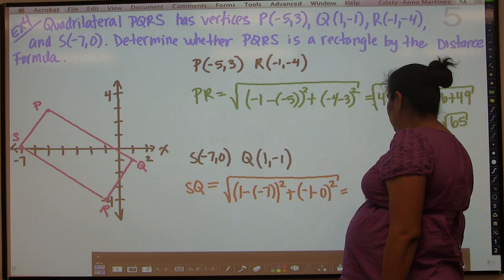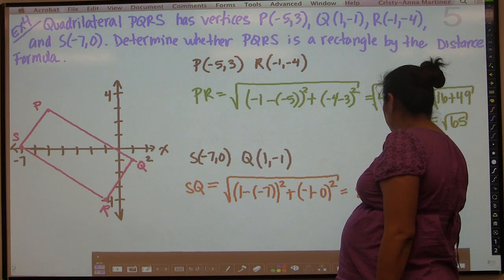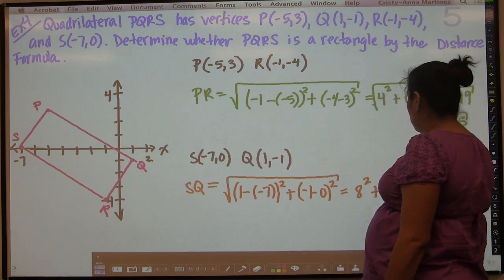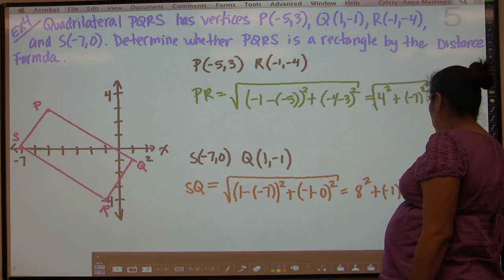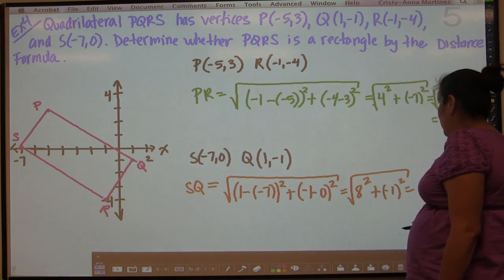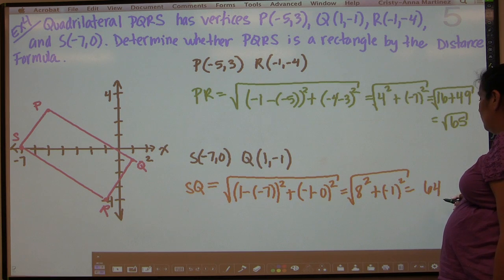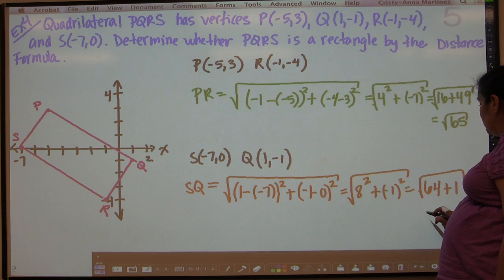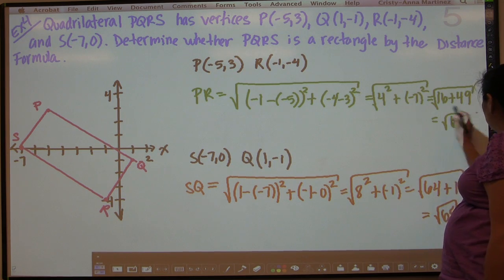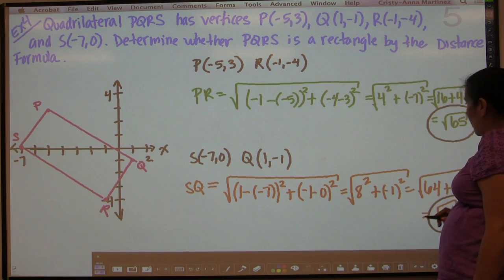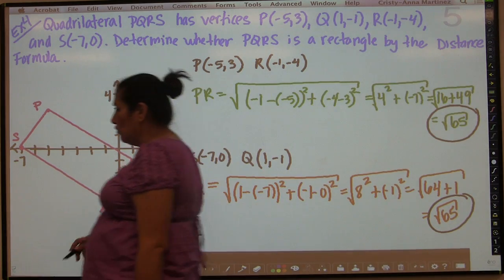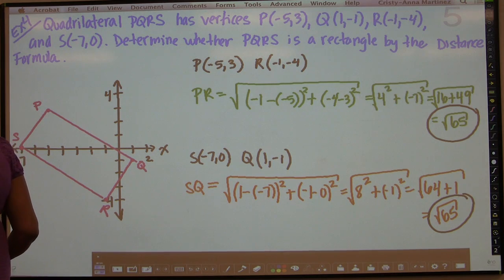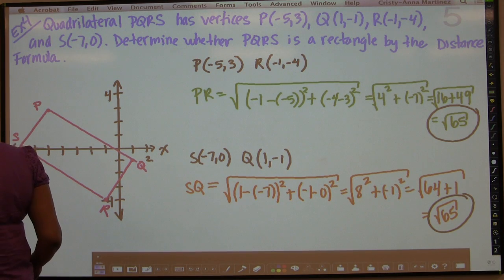So 1 plus 7 is going to give us 8 squared. Negative 1 minus 0 is just negative 1, and we're going to square that as well. And 8 squared is 64, and negative 1 squared is positive 1. And again, we get 64 plus 1, which is, lo and behold, the square root of 65. And since both of them have the same length, then our diagonals are congruent. And because our diagonals are congruent, this, in fact, is a rectangle.